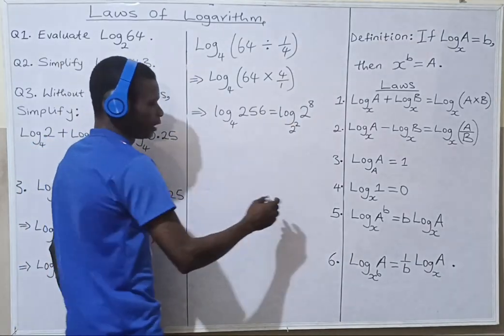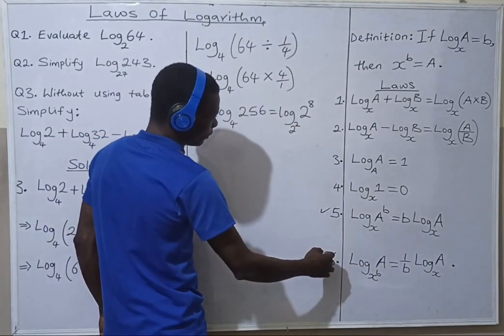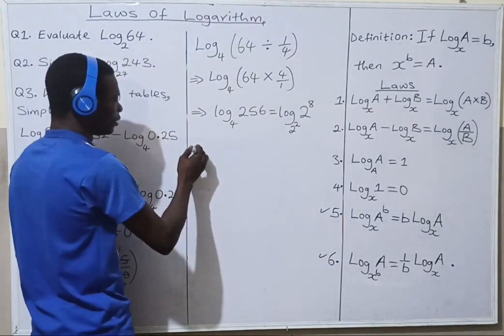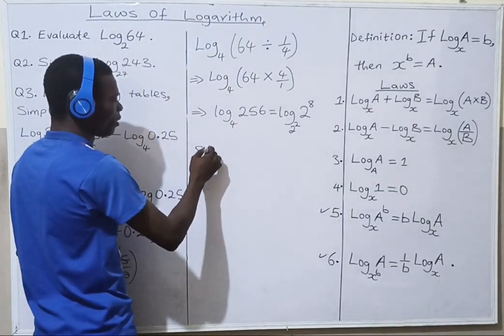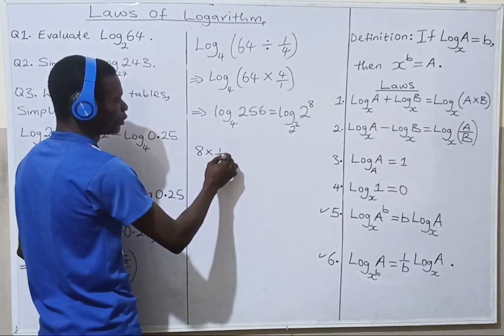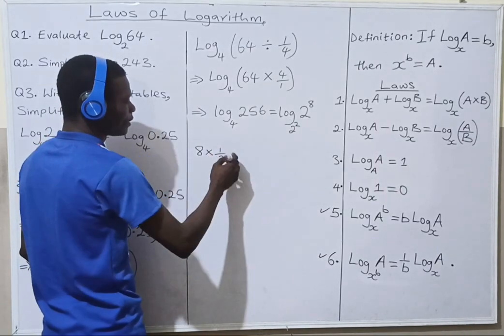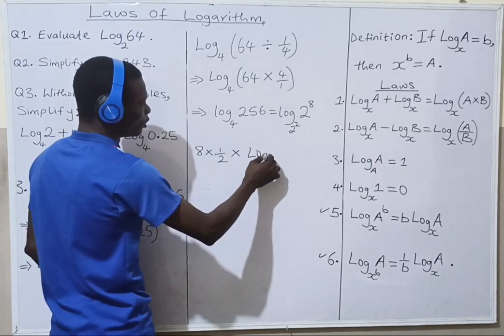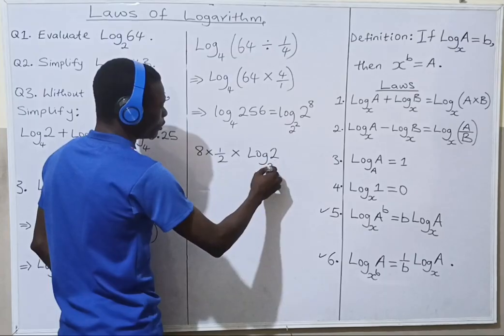Okay, we can see law number 5 and law number 6 coming up again. In that situation, 8 comes behind to become 8. Multiplied by this 2, which is the power, comes behind to become 1 over 2 because it's the power of the base. And then what we'll be having left there is now going to be log 2 to base 2.